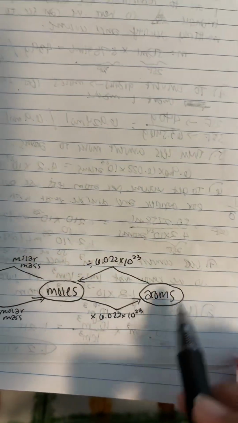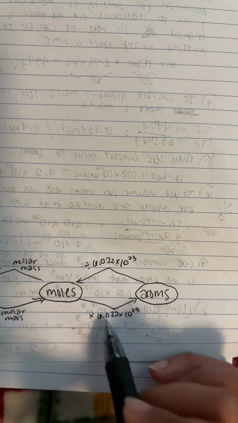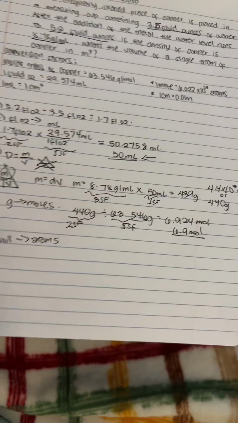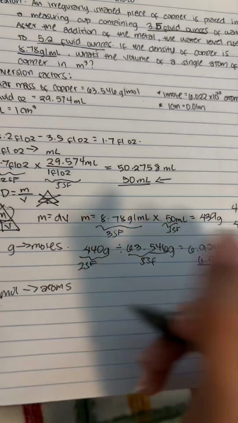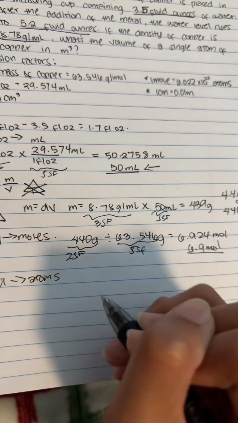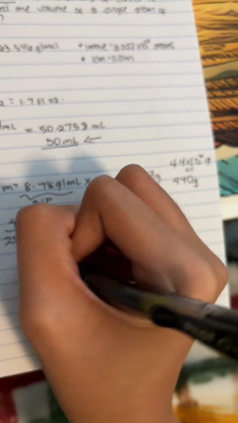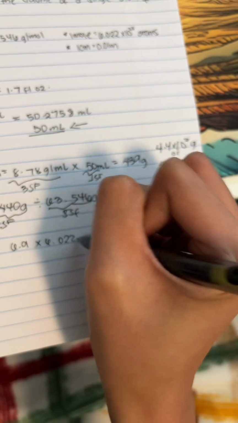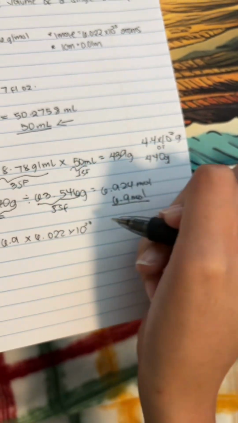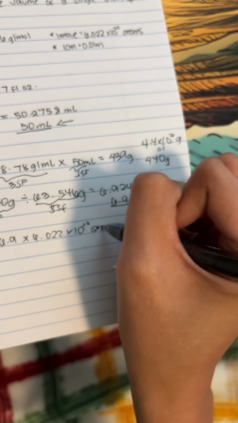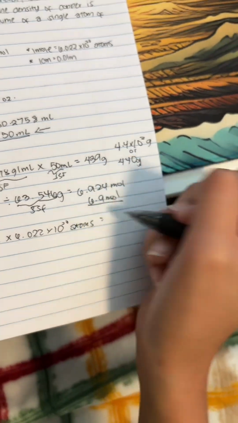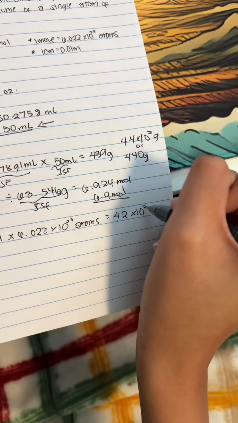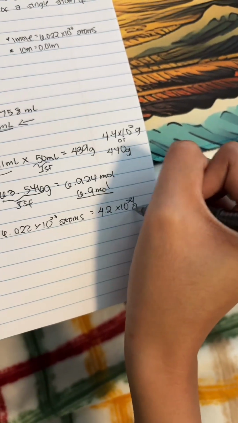So moles to atoms, we multiply it by 6.022 times 10 to the 23rd power. So 6.9 times 6.022 times 10 to the 23rd power atoms. And this equals 4.2 times 10 to the 24th atoms.